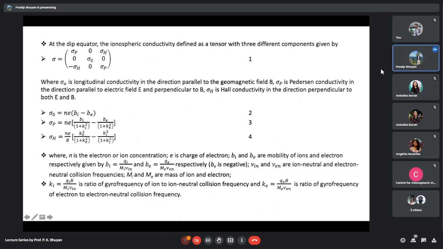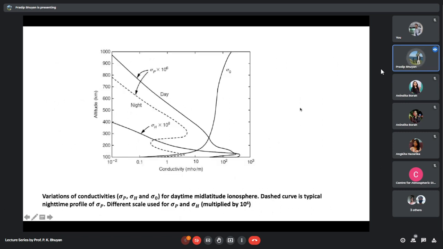So let us go further. This is how these collision frequencies matter. If you have a set of instruments which can measure your Pedersen conductivity, your Hall conductivity, or your longitudinal or meridional conductivity, then something like this you will get, the profile.